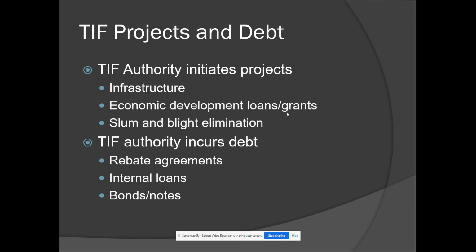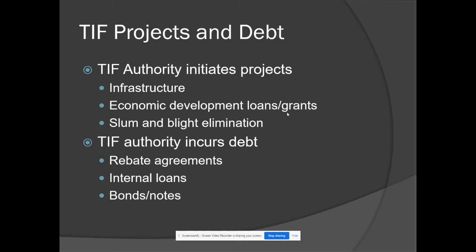It could be economic development, loans and grants. That's the steps that we're taking in order to generate increased value in the area, bring in a business, help a business expand, that sort of thing. Or it could be slum and blight elimination, so perhaps removal of dilapidated structures.